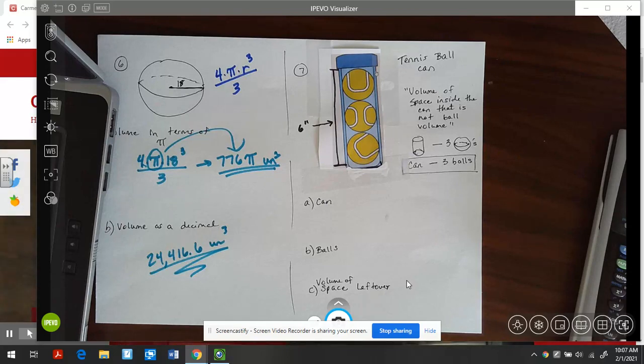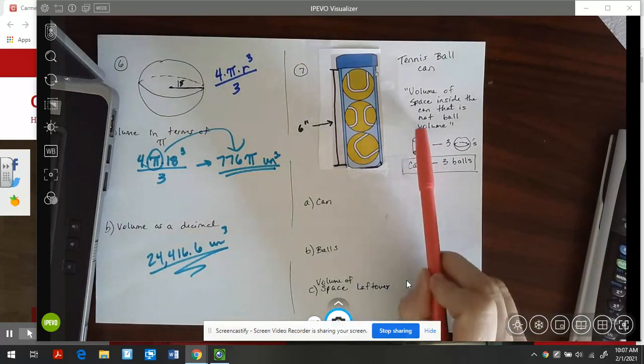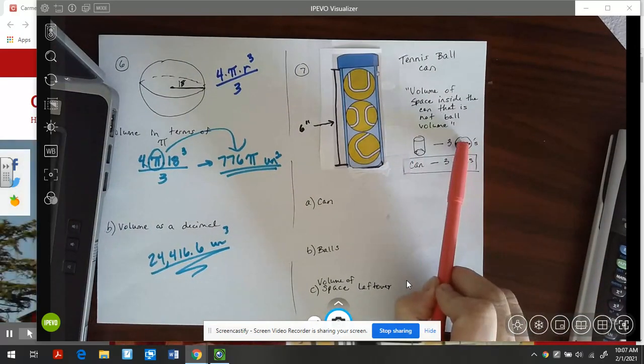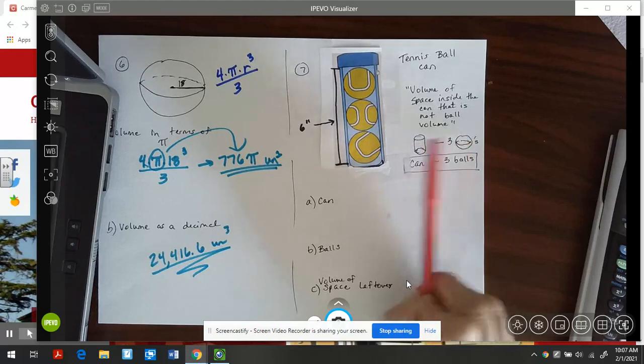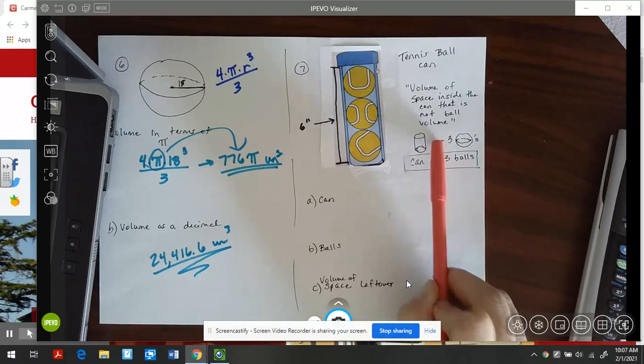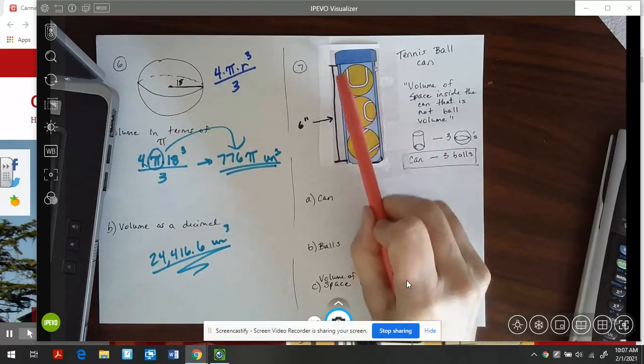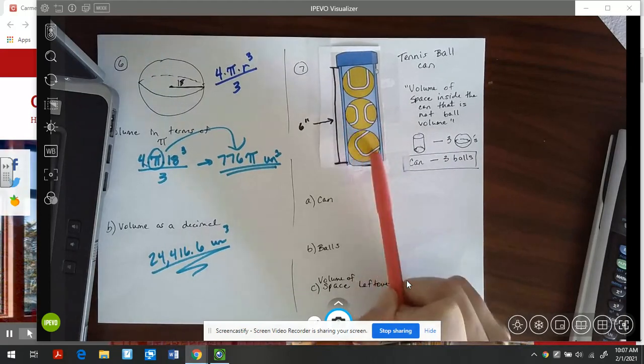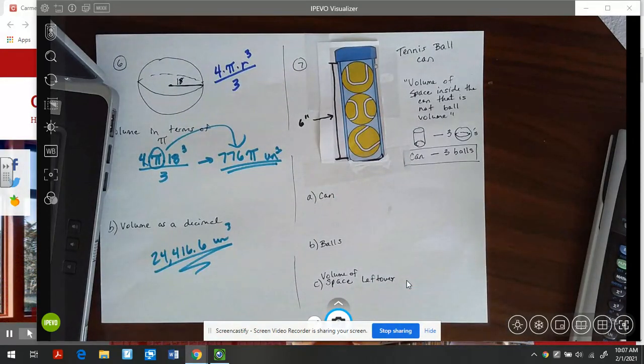In order to do that, we need to find the volume of the can, find the volume of the 3 balls. These will be in terms of decimals, okay? And then subtract them, because all this area around is what's left over if you took the balls out of there. So before we begin, if the height is 6, what is the diameter of each ball?